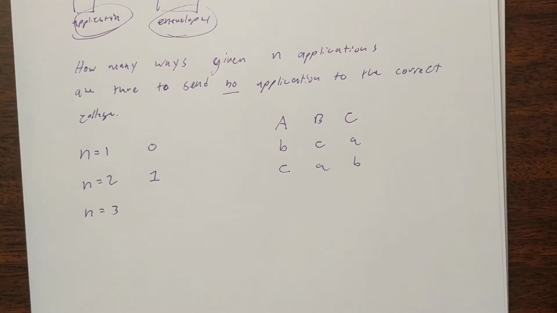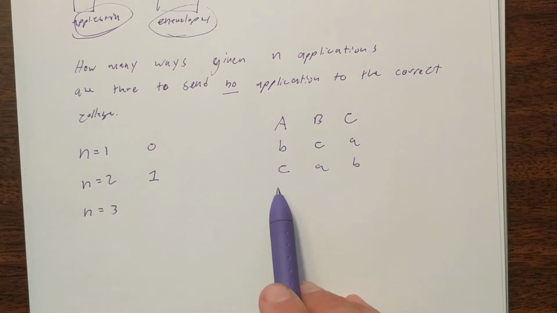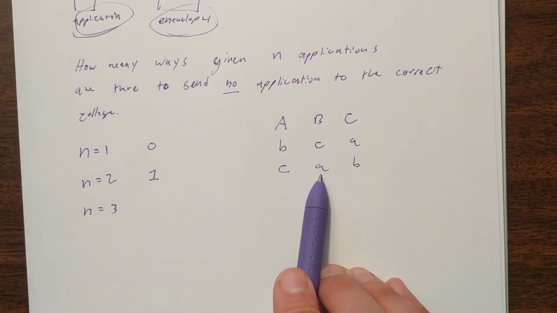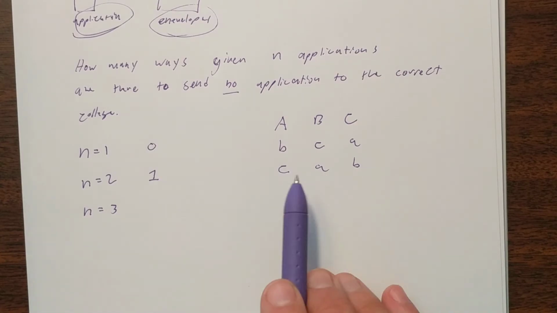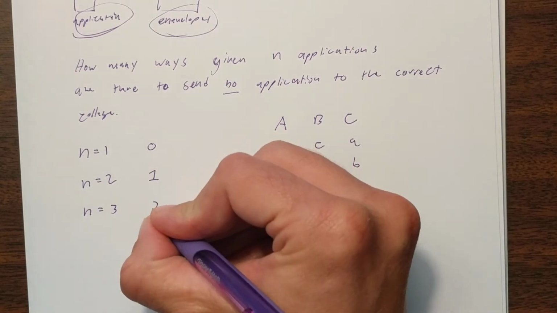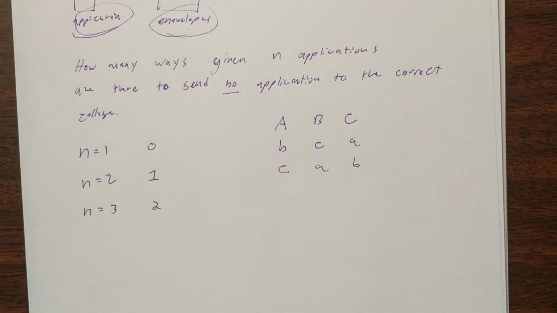Is there any other way? Well, the problem is if I put C here and B here, well, B's correct, right? So basically I can't flip anything. So this is it. It's just 2 different ways, right?